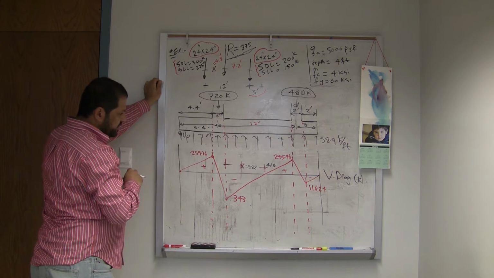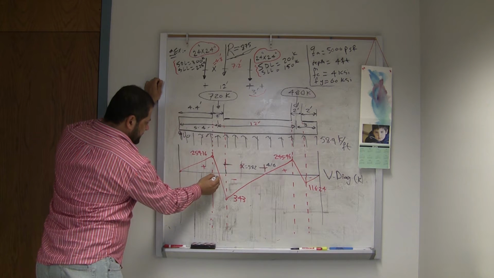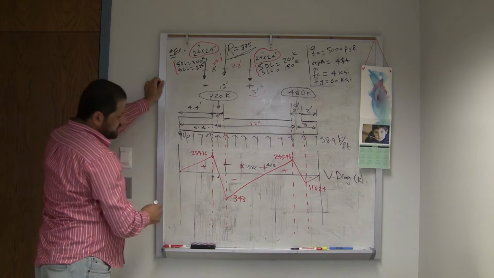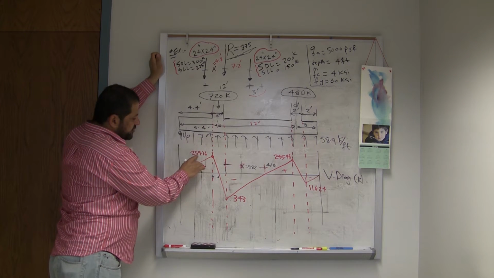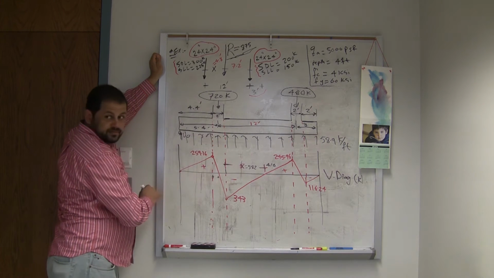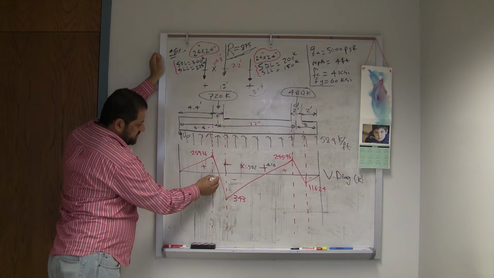We need to do similar triangles also for this distance from here to here, which is going to be 259.16 divided by the sum of them, times 2.